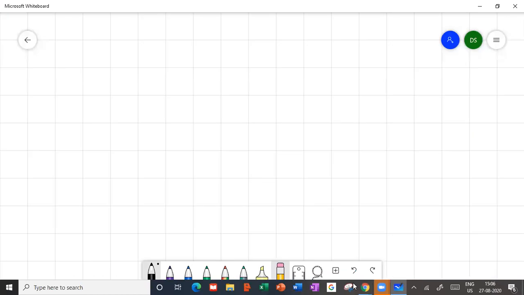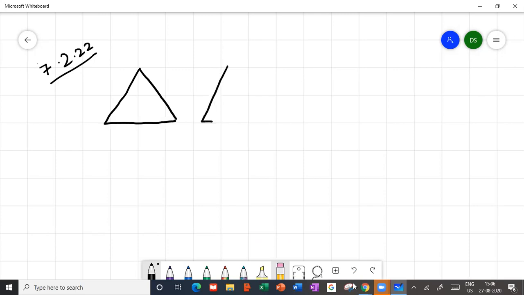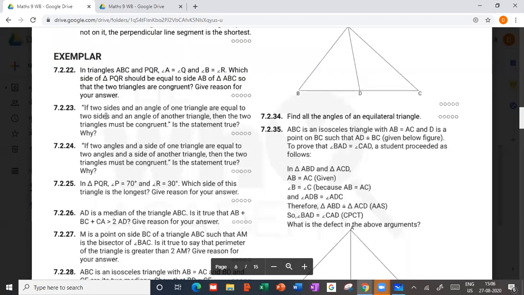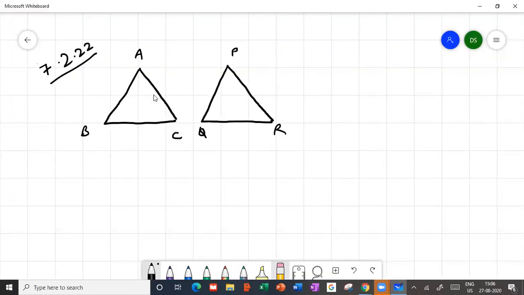So, 7.2.22, right? First let's make two triangles. Okay, so this is ABC and this is PQR. What have they given us? A is equal to Q and B is equal to R. Should I just change the labeling?